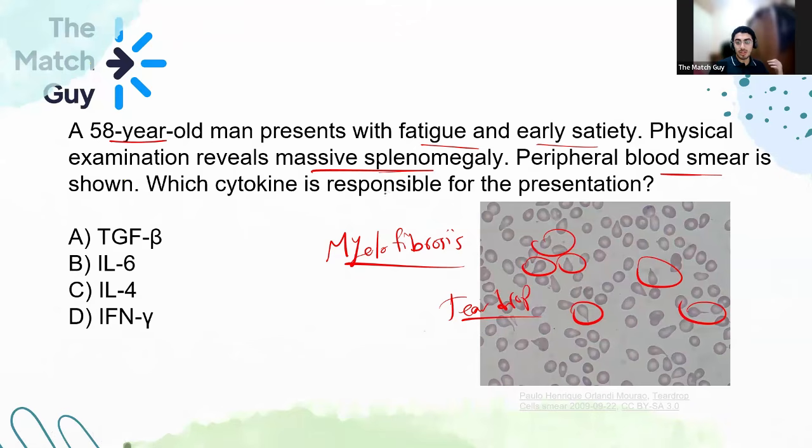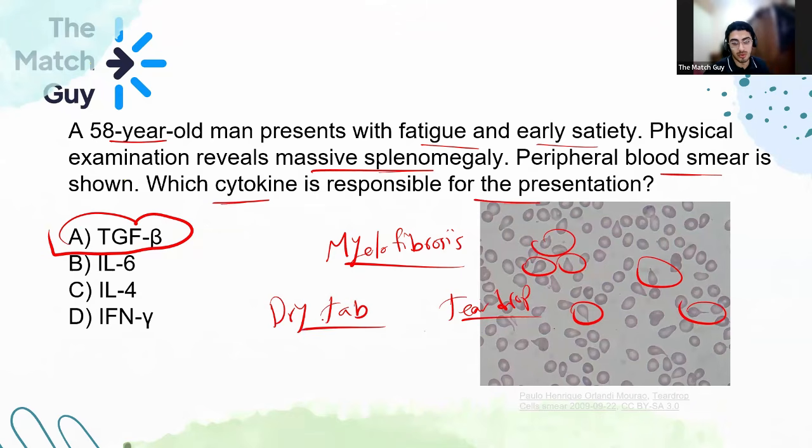So when he asks you which cytokine is responsible for the presentation, what should you pick? Exactly the same, TGF-beta, because the pathophysiology of myelofibrosis is fibrosis of the bone marrow. So which cytokine is mediating the fibrosis? The TGF-beta. And that's why on bone marrow biopsy in this patient, we will find dry tap, no bone marrow.